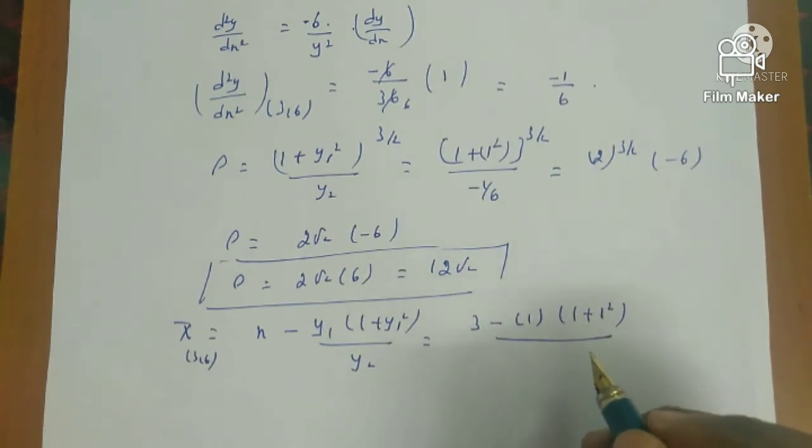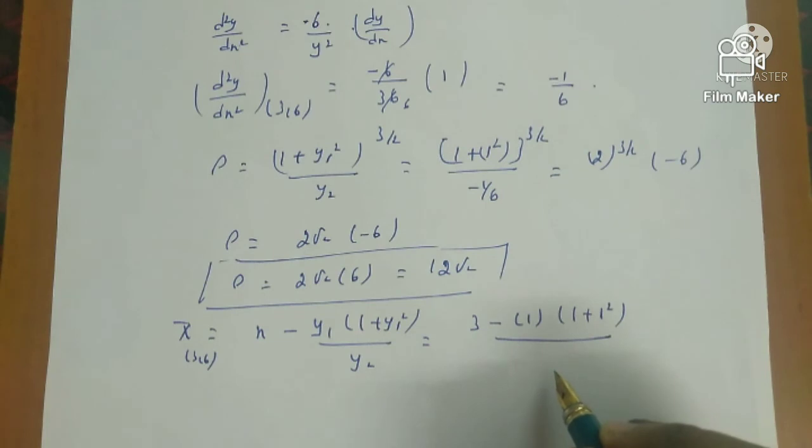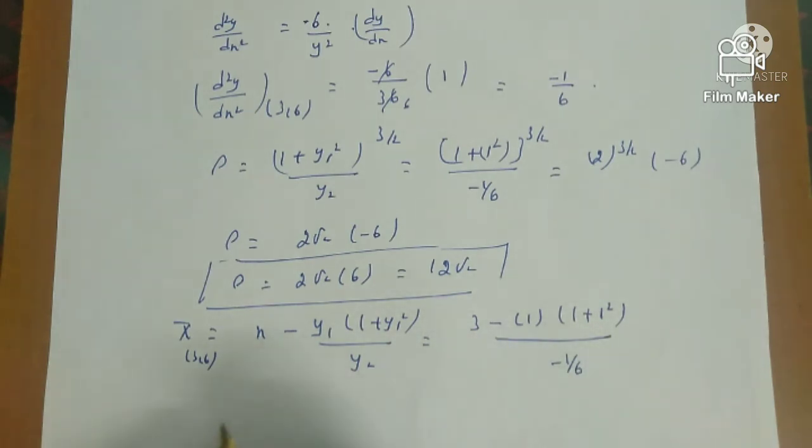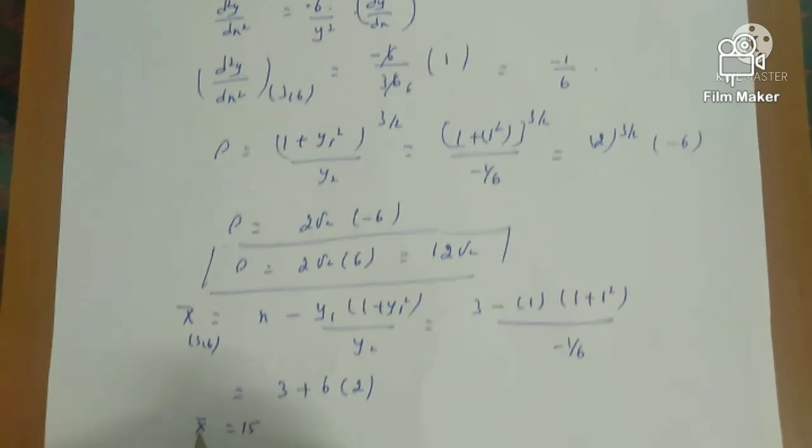What is y2? y2 is minus 1 by 6. 1 square plus 1 is nothing but 2. Minus into minus is plus, so 3 plus 6 into 2. 6 2s are 12, 12 plus 3 is 15. So our x bar is 15.